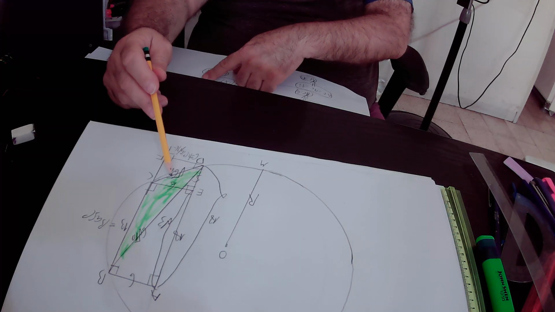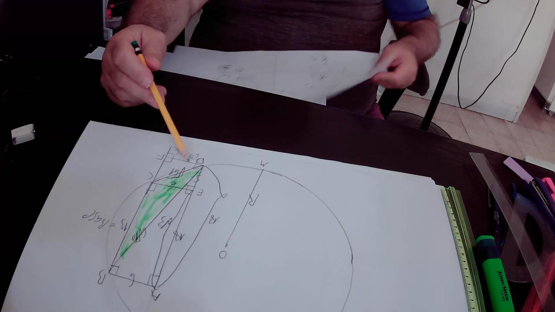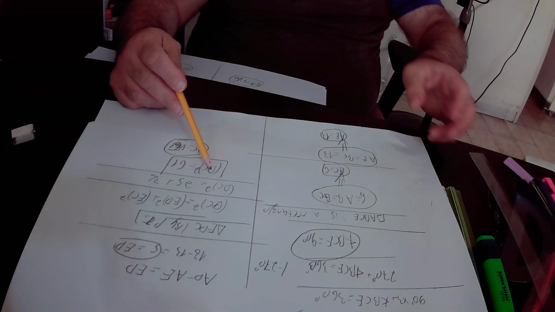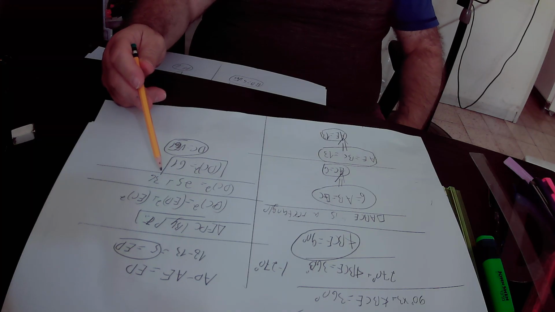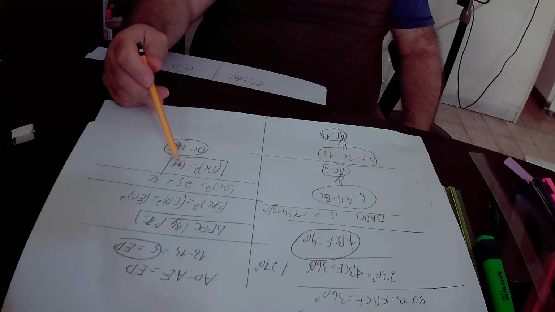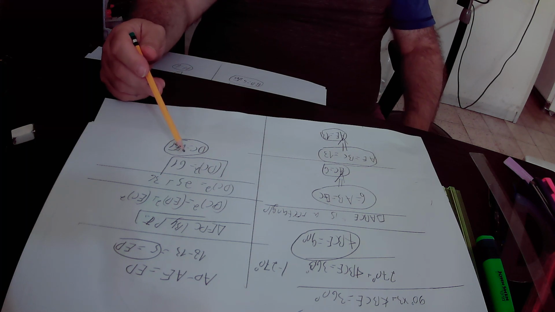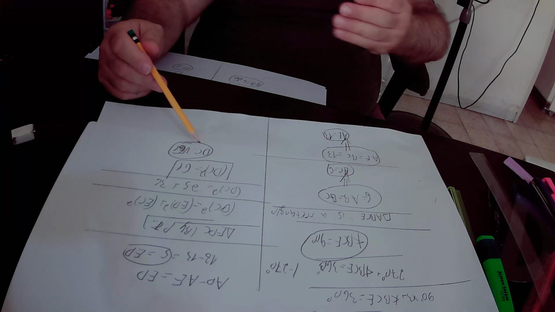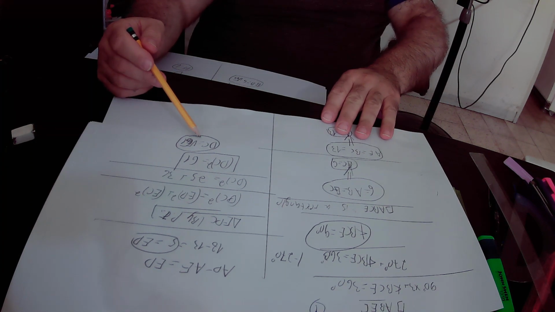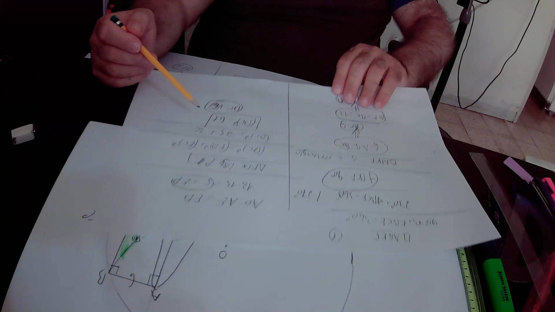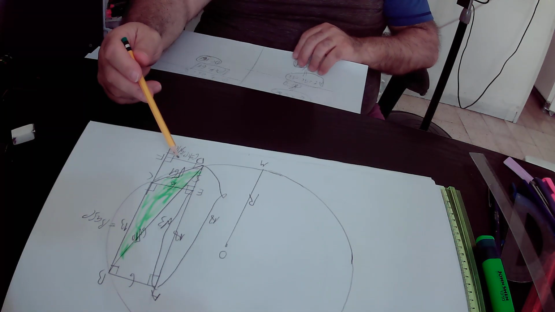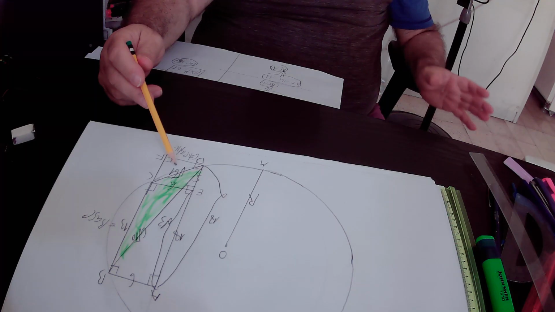EC is 6, so EC square is 6 square, that is 36. So we found out that DC square equals 25 plus 36. 25 plus 36 is 61. So DC squared equals 61. That is the square of the hypotenuse. We took the root of this equation and found out that DC equals the square root of 61.